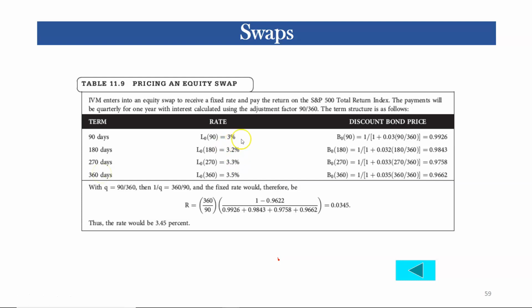The term structure of the LIBOR rates is then used to calculate the values of zero coupon bonds, that is the discount factors for the respective maturities. These values of zero coupon bonds or discount factors are then used in the fixed rate formula to get the fixed rate equal to 3.45% for our IVM example.